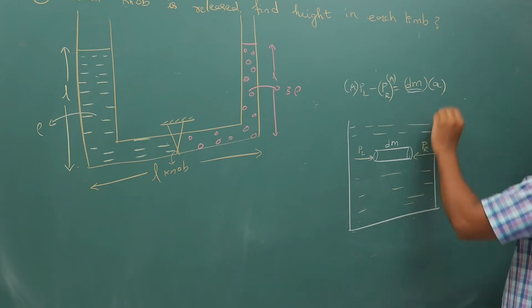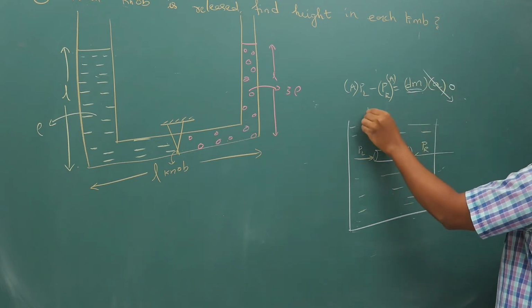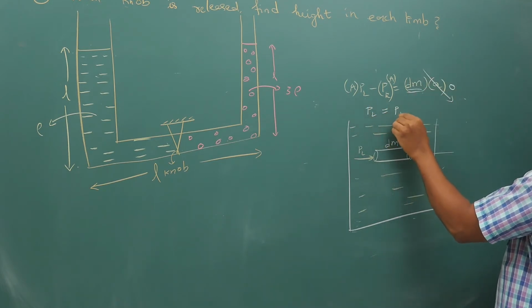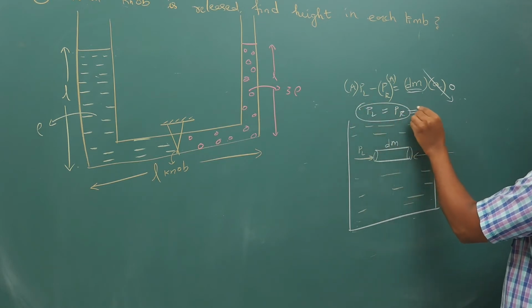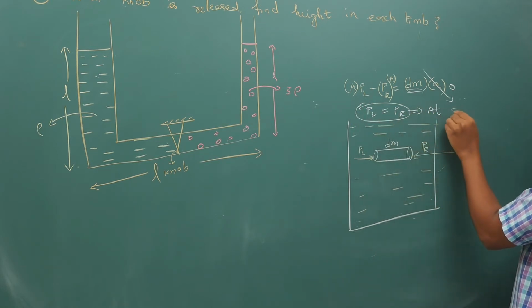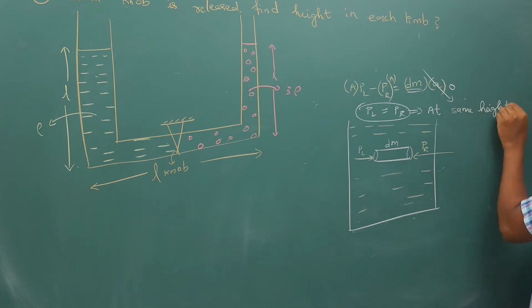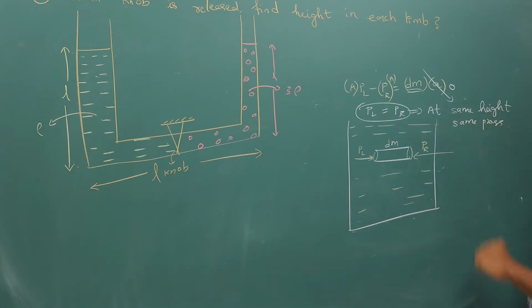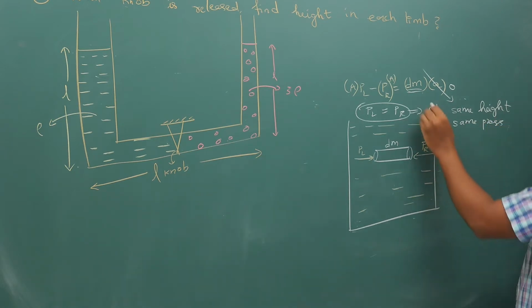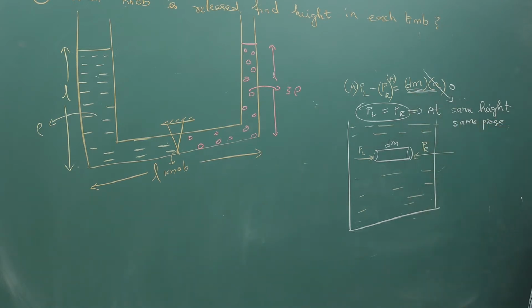If the container is at rest, if a is 0, then pressure from left is equal to pressure from right. As I told you yesterday also, at the same height you will have the same pressure. If there is a pressure difference, there will be acceleration of the liquid.